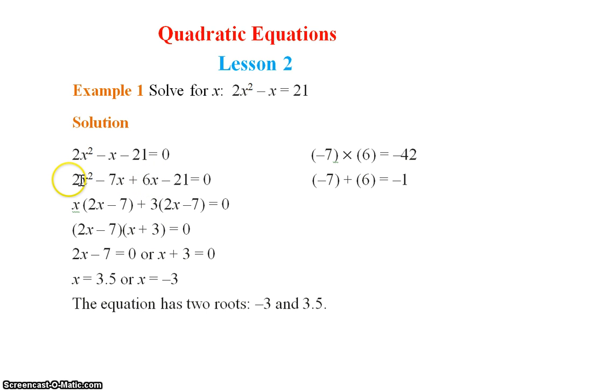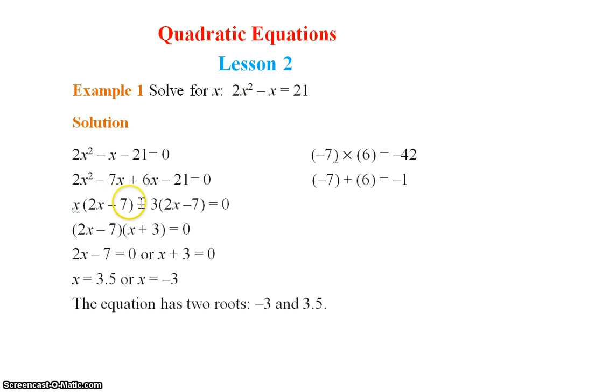Now, in the left side of the equation we have four terms, and we can factor by grouping the left side. From the first two terms, 2x squared and 7x, we can factor out their greatest common factor x. 2x squared divided by x is 2x, 7x divided by x is 7.